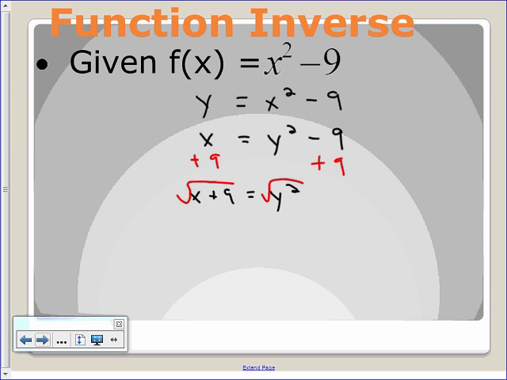Square root of y squared is just y. Square root of x plus 9 is just the square root of x plus 9. But remember, if we take the square root, we need the positive and the negative. And the last thing we need to do is change y back to inverse of f of x. When we're checking, we want to check both the positive and the negative here.